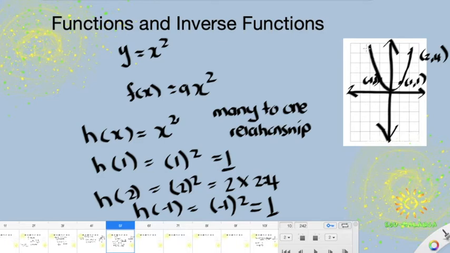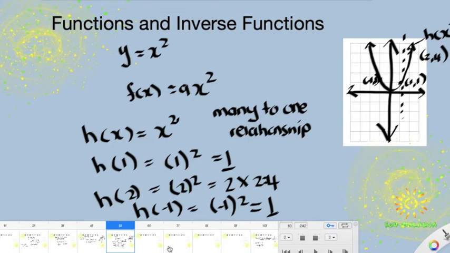It goes up, and we get the graph of h(x). Remember I told you that in order to test whether it is a function, I draw a straight line. I'm just going to draw it wherever I want. It crosses the graph once. What is that? A function. However, two different values of x correspond to one value of y, and therefore it has a many to one relationship.